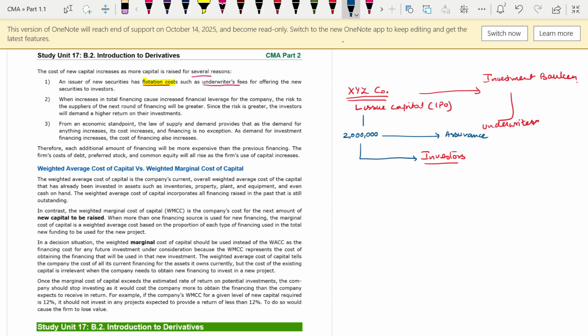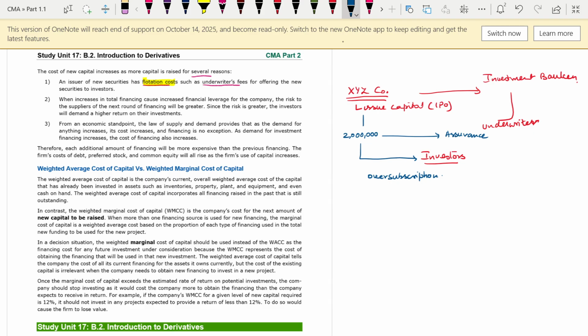The ultimate thing is whether it is an oversubscription or not. Whenever you issue equity shares or any bonds, oversubscription is preferred. Once it is oversubscribed, the supply is less and the demand has to be more.